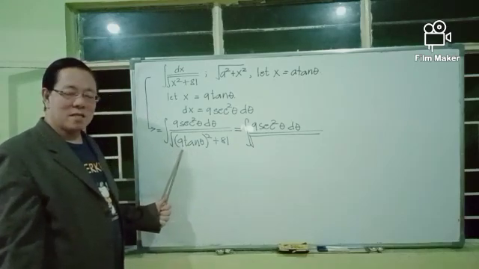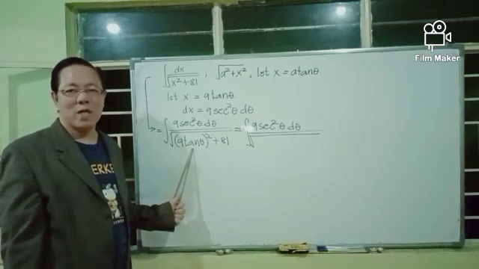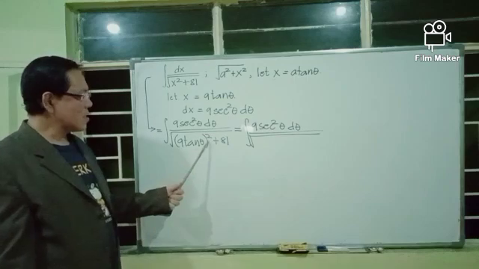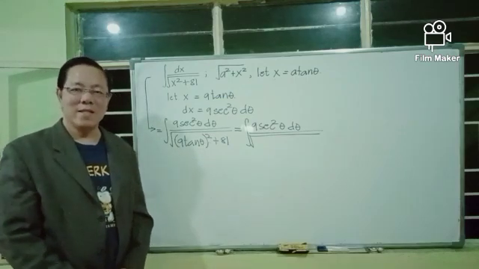The square of 9 is 81, multiplied by tangent squared theta. Hence, the square of 9 tangent theta is 81 tangent squared theta.